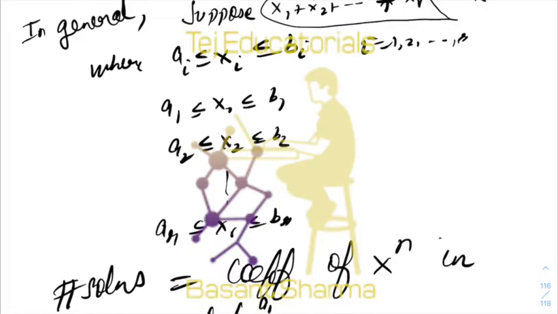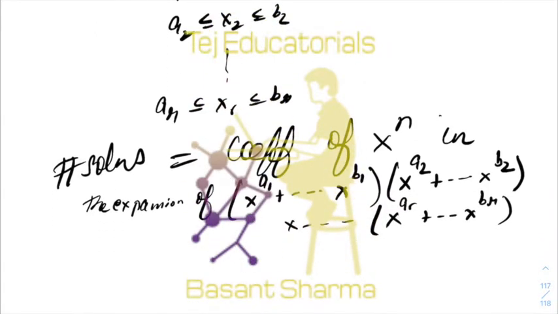So instead of 0 you now start from x to the power a1 for the first bracket, and so on till x to the power b1. For the second one you start from x to the power a2 and go on till x to the power b2, and so on till the last bracket, which is x to the power ar up to x to the power br. So you just find the coefficient of x to the power n in this. This is completely just an extension of the previous argument.